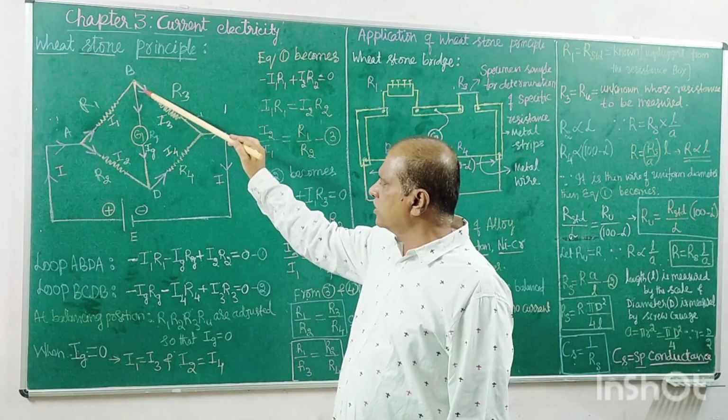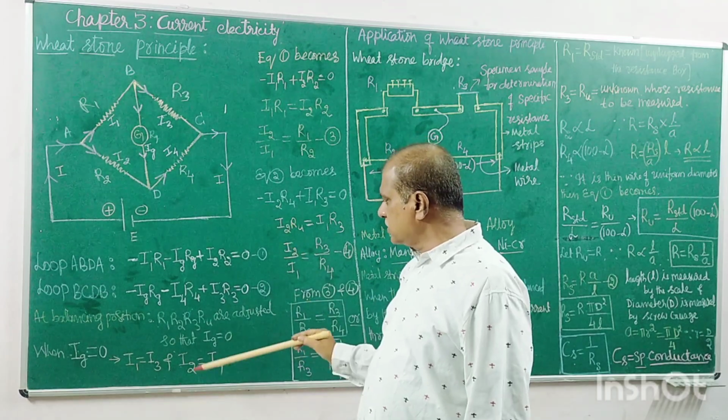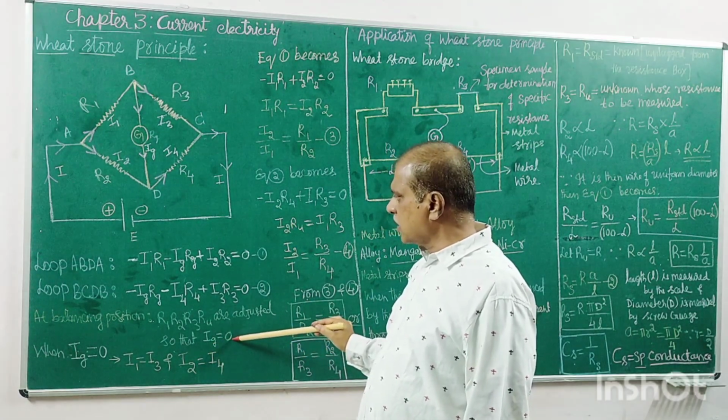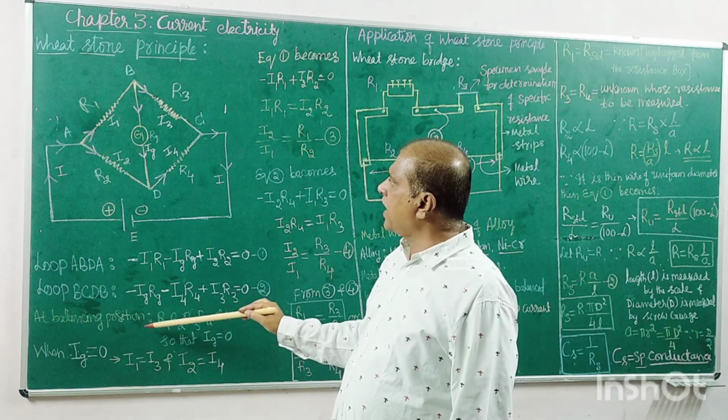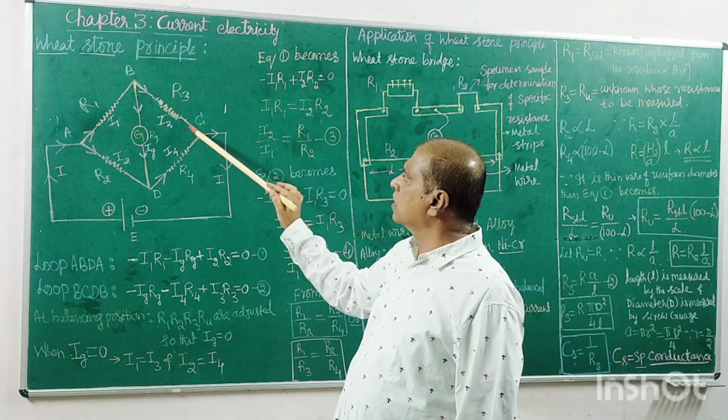If no current is flowing through it, that is Ig equal to 0, it is called the balanced position, that is, balance of the Wheatstone network.